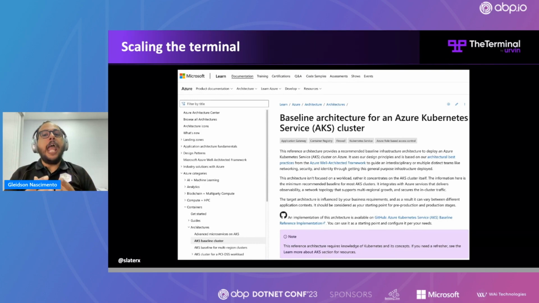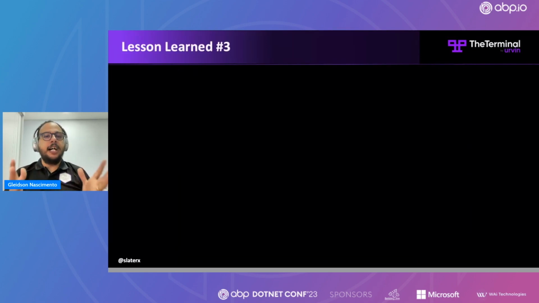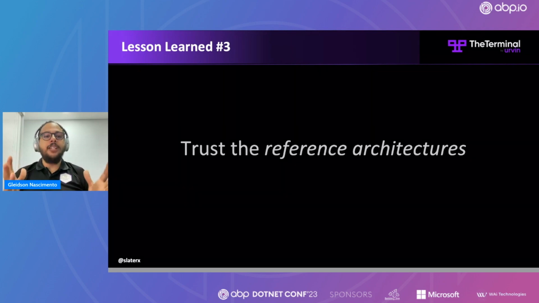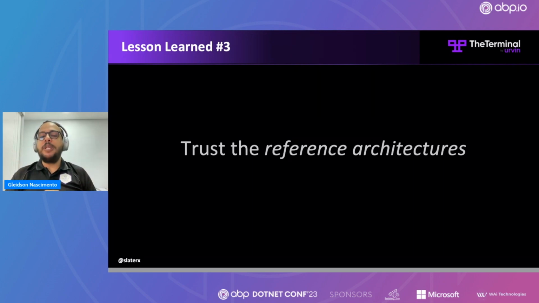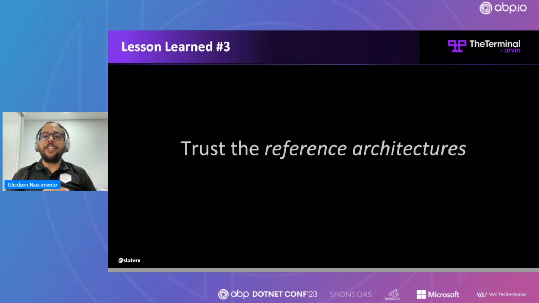But luckily, Azure provides a collection of reference architectures for most of its offerings. Use the word reference one more time. The reference architecture for AKS contains the baseline according to its design principles and best practices from the Azure Well-Architected Framework. You can see that I was pointed to references by both ABP and Azure.